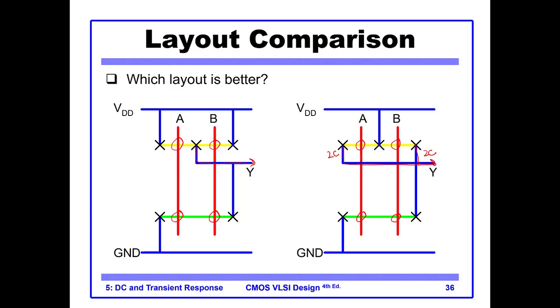PMOS are double the size of NMOS. But on the left side, the transistors A and B have a shared region, and that's why the capacitance is counted only once. So this means that the layout on the left is better in terms of delay than the layout on the right.